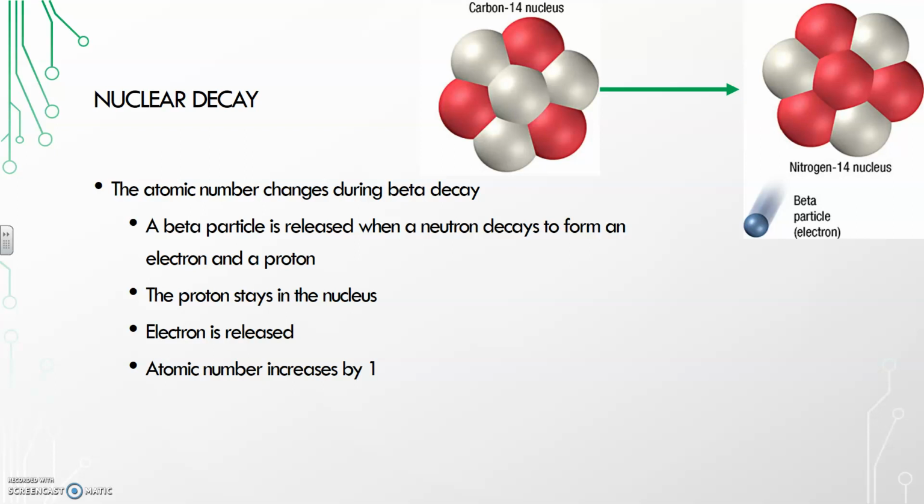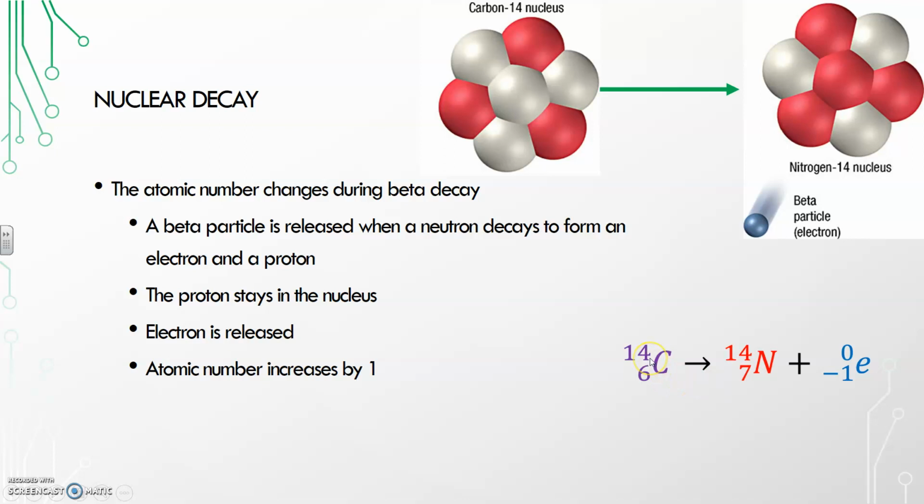You go from carbon, which has 6 protons, to nitrogen, which has 7. This is kind of how you see that. In beta decay, the electron leaves the nucleus, so it's going to be one of the products.